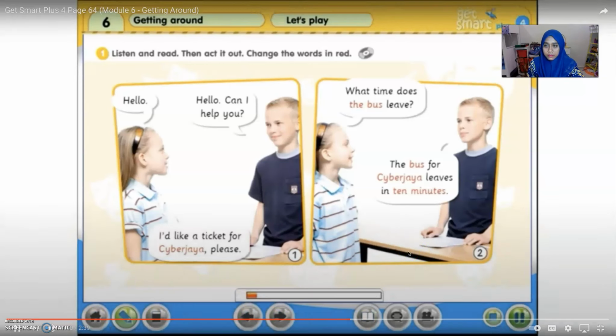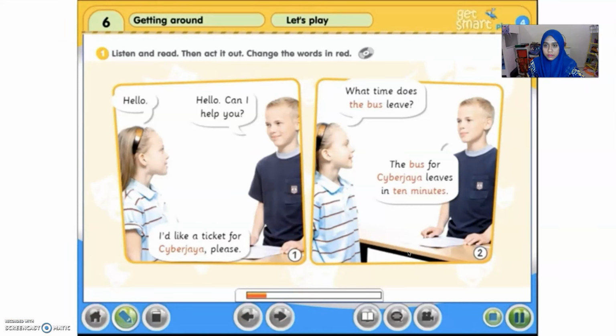One, listen and read. Then act it out. Change the words in red. Hello. Hello. Can I help you? I'd like a ticket for Cyberjaya, please. What time does the bus leave?